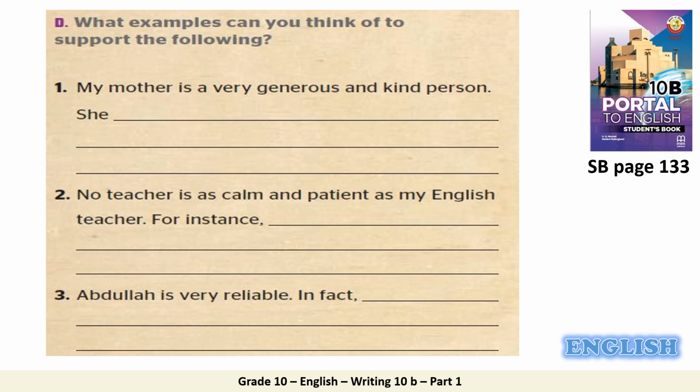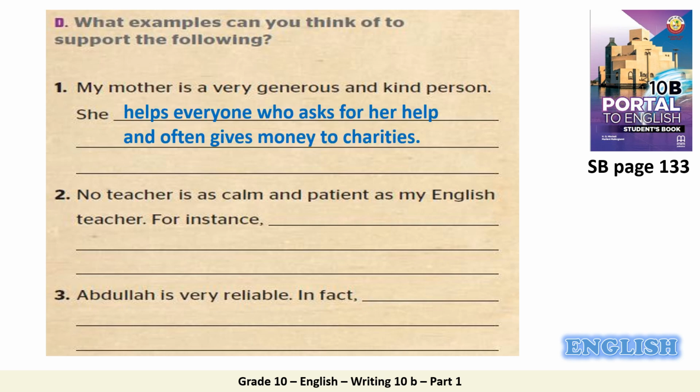Okay, let's start with number 1. My mother is a very generous and kind person. She helps everyone who asks for help and often gives money to charities. So what did we do here? We have the adjective generous and kind.